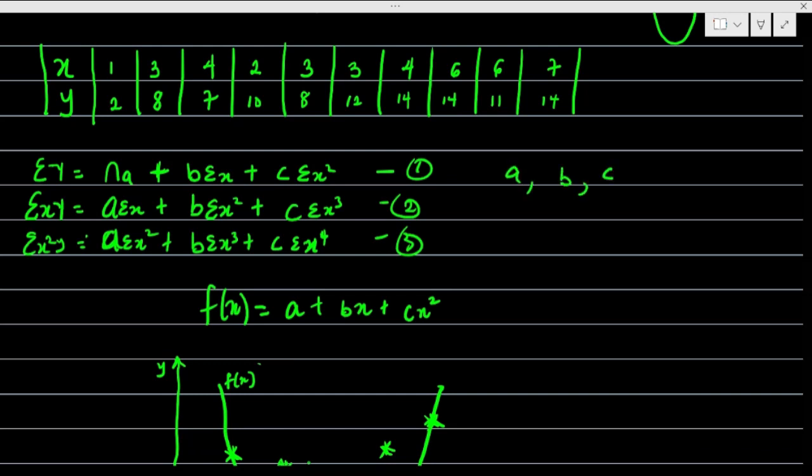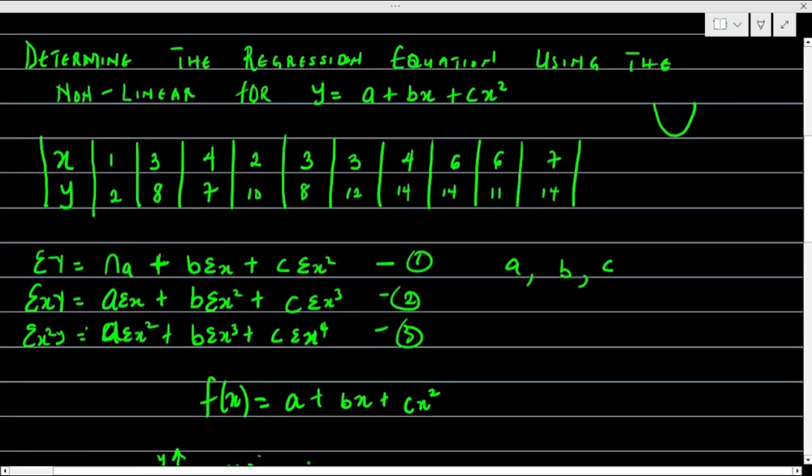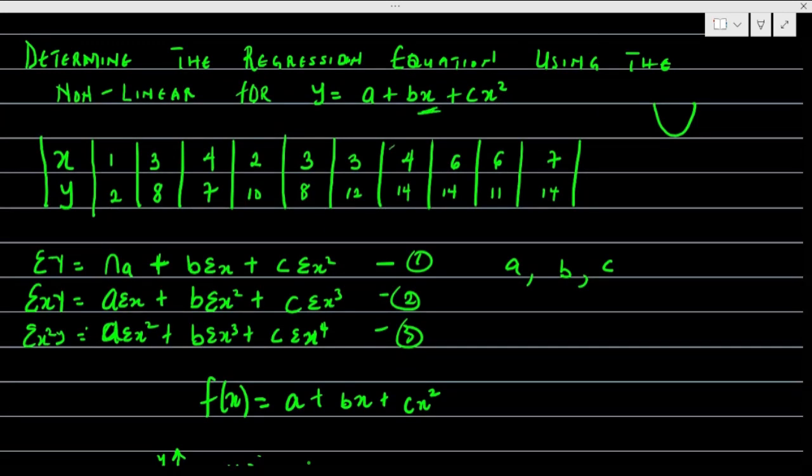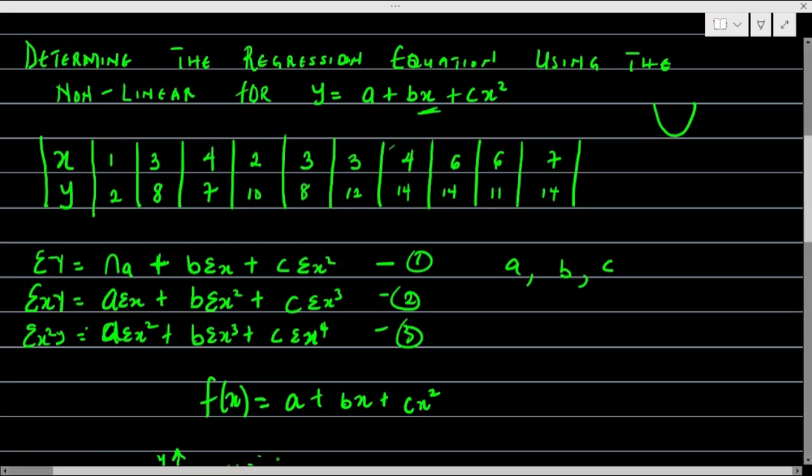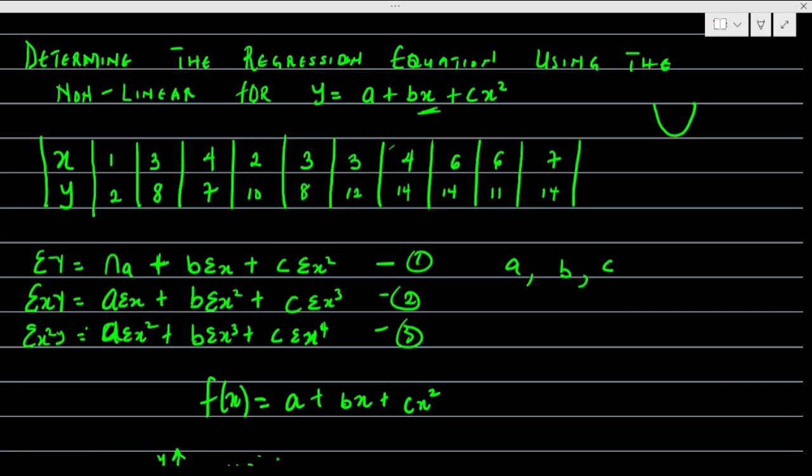Don't forget that these three values are real values, and when we plug them back into our equation y equals a plus bx plus cx squared, we can now have a quadratic curve on our given data, x and y, that will best fit the data that we have.